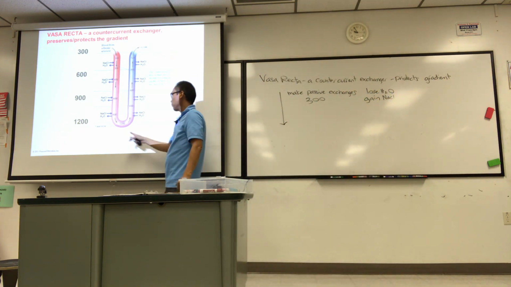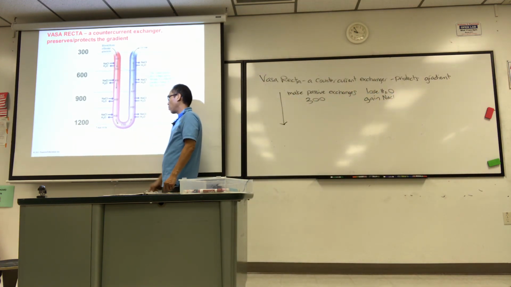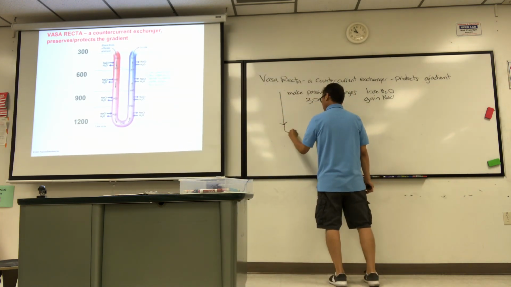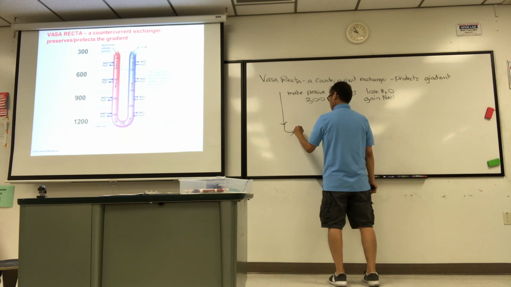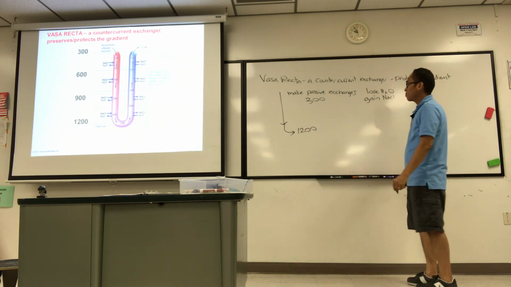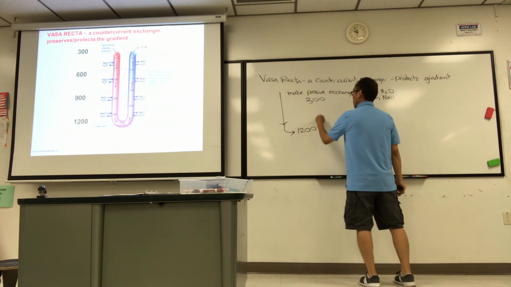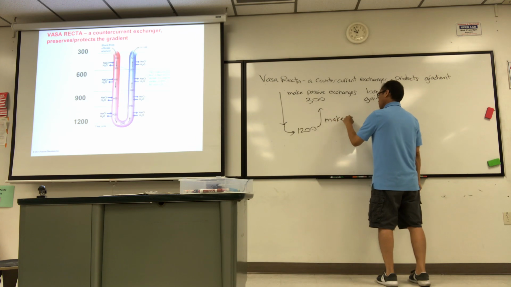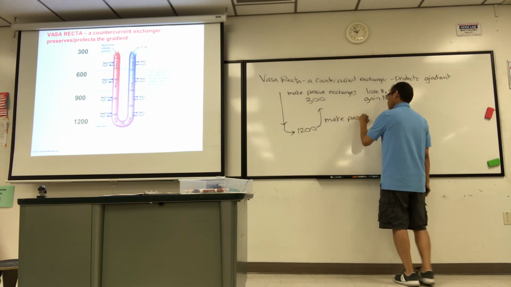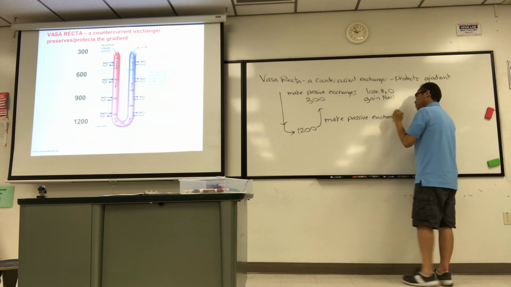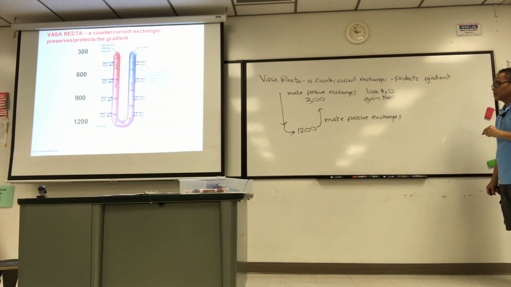Look at the elbow. The concentration of the blood plasma is 1200. We get to the elbow, 1200. And then you go back up. And again, you make passive exchanges. And this is the unusual thing about the vasa recta.